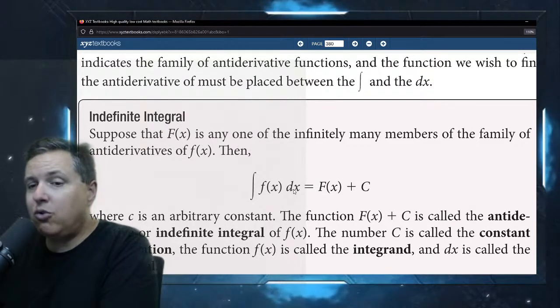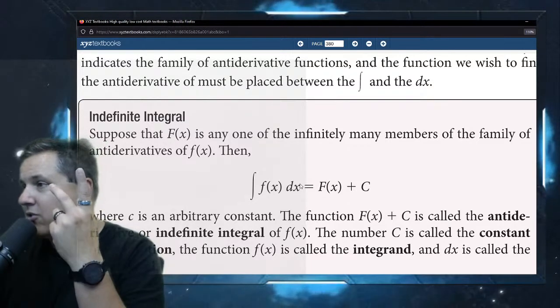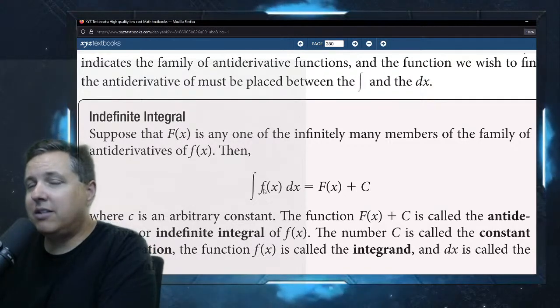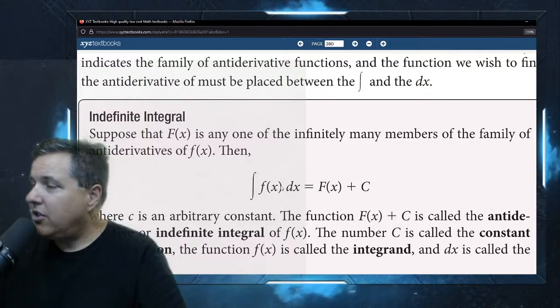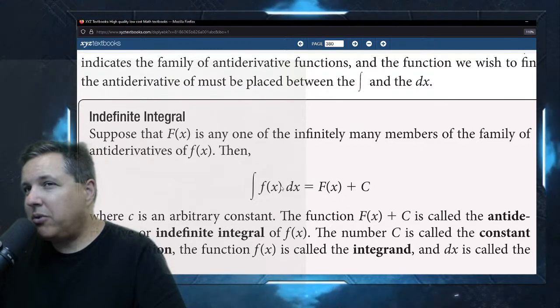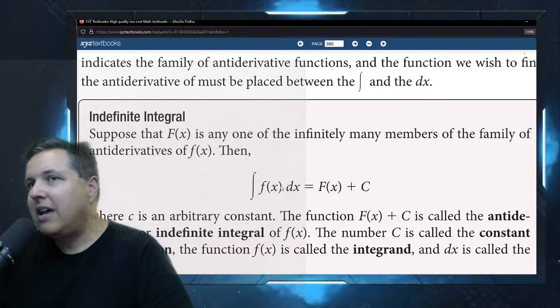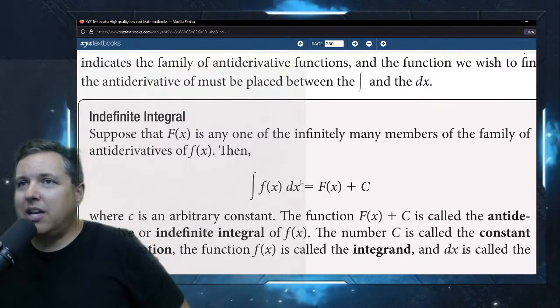Those of you who go on to take the second semester of this class, multivariable calculus, will have an x and a y, and sometimes the order in which you integrate matters. So you have to figure out: am I supposed to integrate with respect to x first and then y, or y first and then x? It can be a little confusing. That's why we write the dx there. It helps tell you the order.